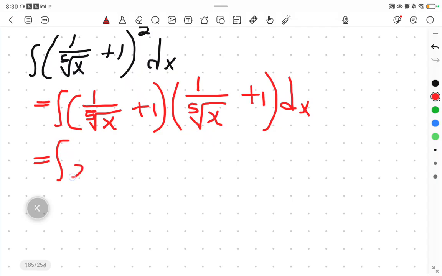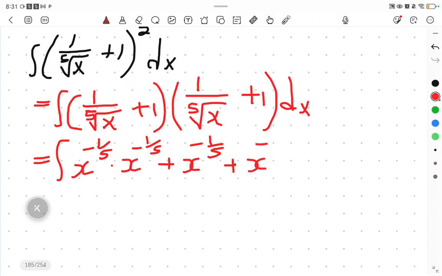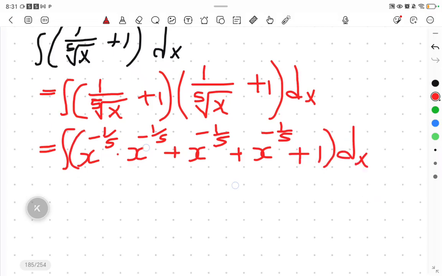So this will just be x to the minus 1 over 5 times x to the minus 1 over 5, right? And then plus x to the minus 1 over 5 plus x to the minus 1 over 5. And then we have plus 1. Put those brackets, dx.